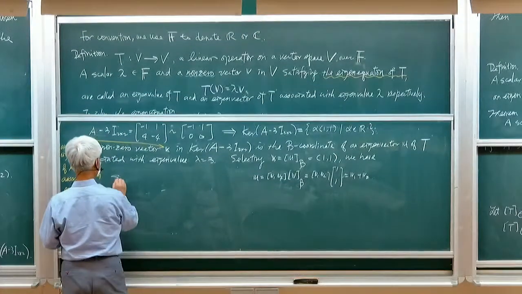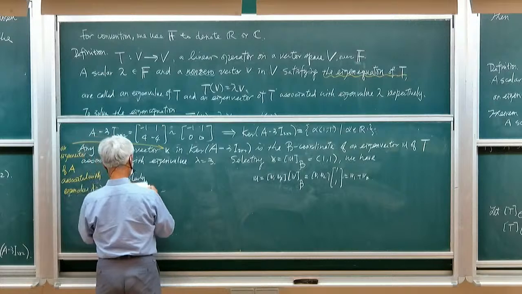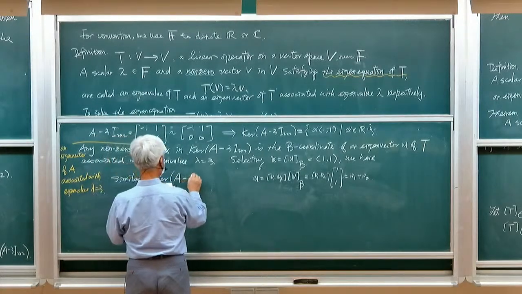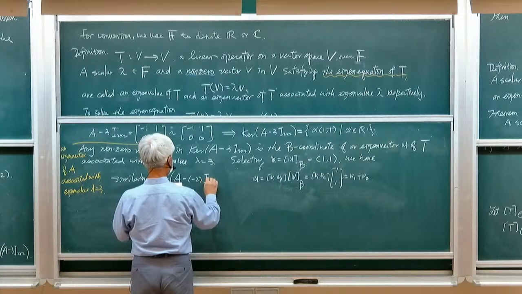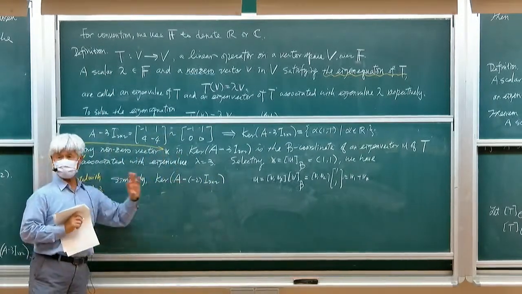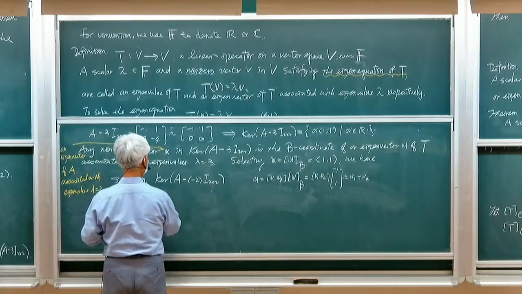Right, now similarly, all right, the kernel of A minus (minus 2I), 2 by 2. Okay, so we have another eigenvalue minus 2, right? And what is that?